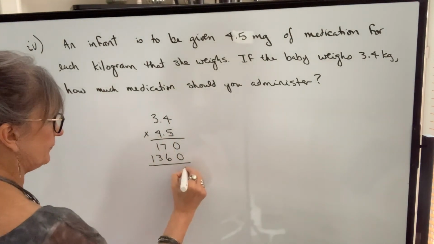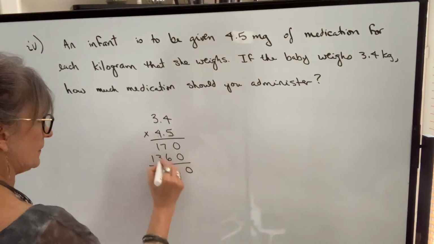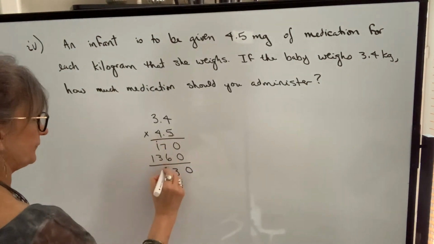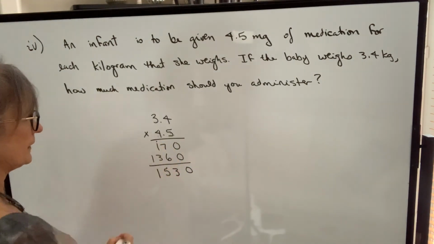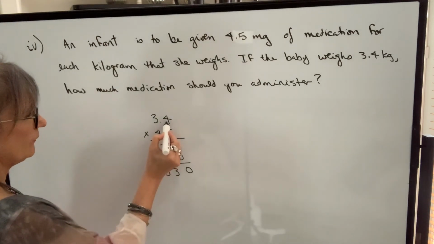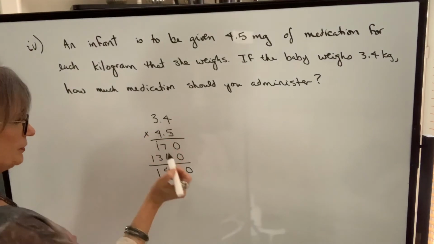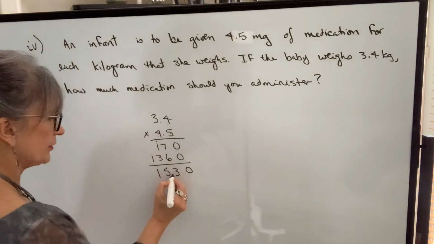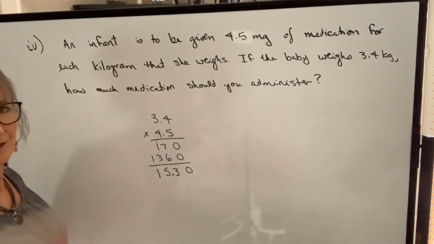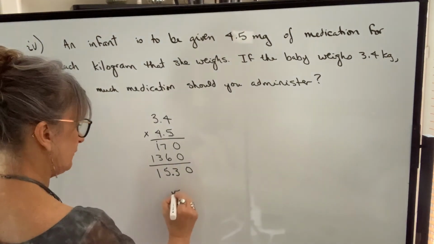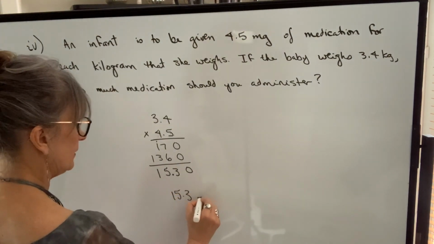Now we add, carry the 1. Now we have a total of 2 digits past our decimal points in our numbers that we're multiplying. So in our answer, we should have 2 digits past our decimal point. So our total would be 15.3 milligrams.